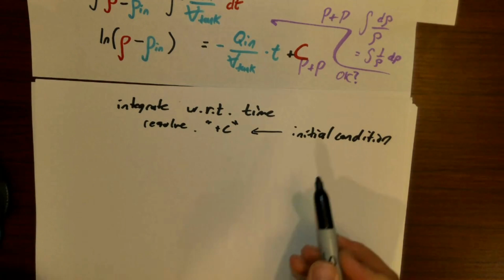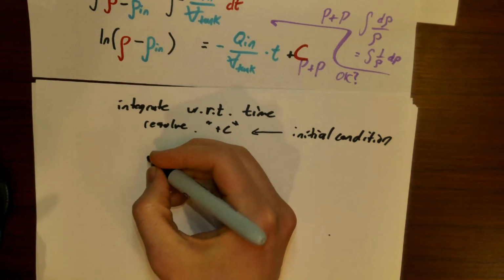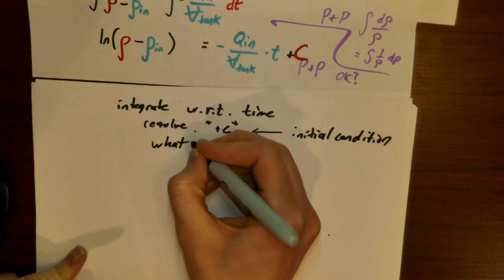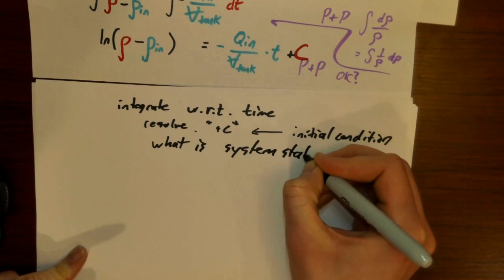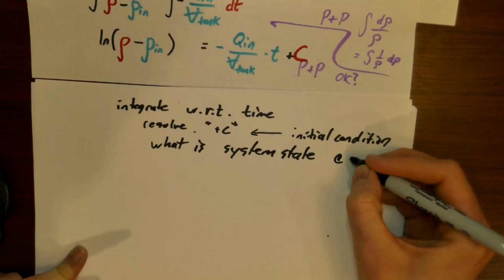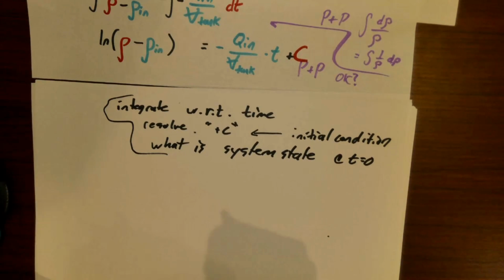With an initial condition, i.e. some information about what is happening in your system, what's the state of our system at time equals 0. And this is what's going to be useful in this problem.